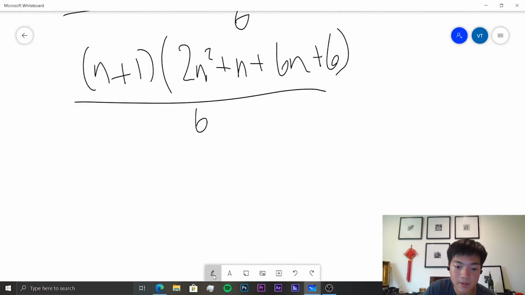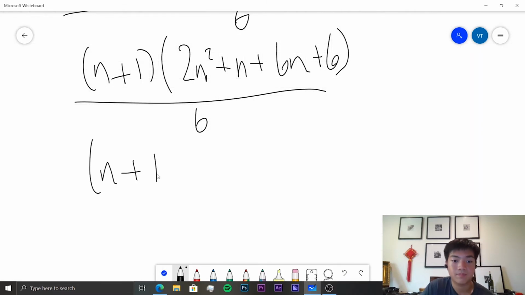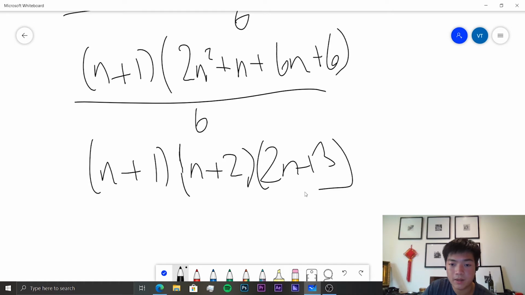And so then we get n plus 1 times 2n squared plus 7n plus 6, which we know is equal to n plus 2 times 2n plus 3, all over 6.